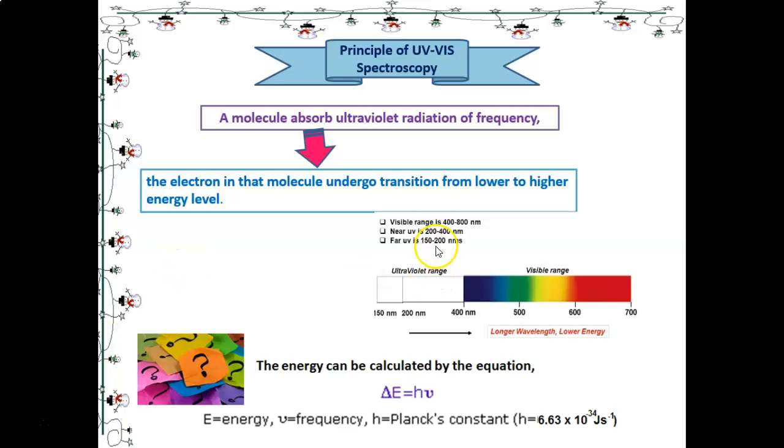As we can see here, the visible range lies in 400 to 800 nanometer. It is referred to as the visible light, and it is the light that we, as humans, can see with the naked eye. For example, light with a wavelength of 470 nanometer is a blue color.